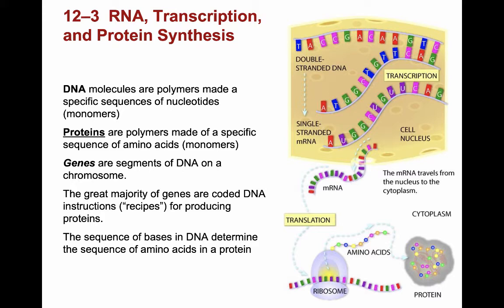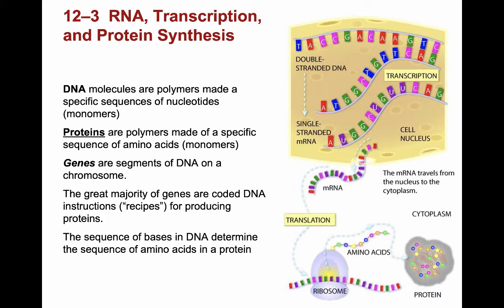So proteins are enormously important to living things, and the genes in our chromosomes are instructions for making proteins. Mostly. There's some exceptions to that, but mostly that's what genes are for. And really, you can consider each gene in our DNA to be like a recipe for making a particular protein, a set of instructions for building that protein.